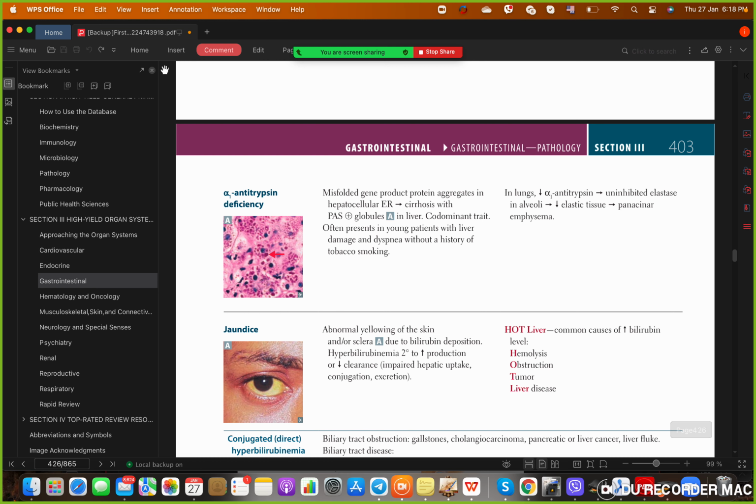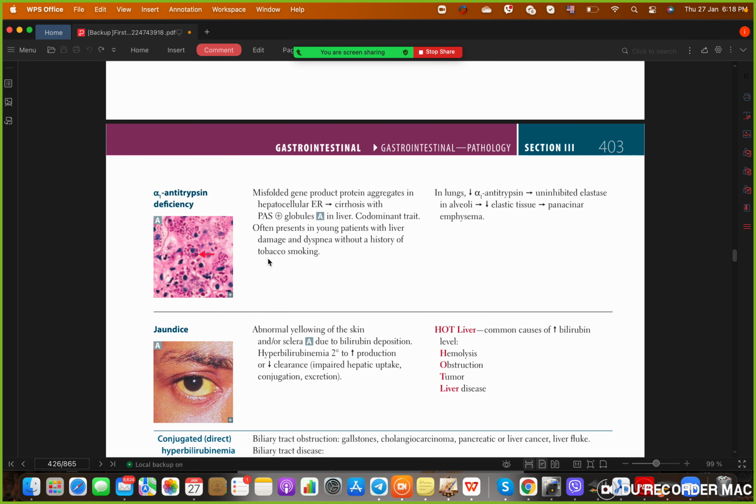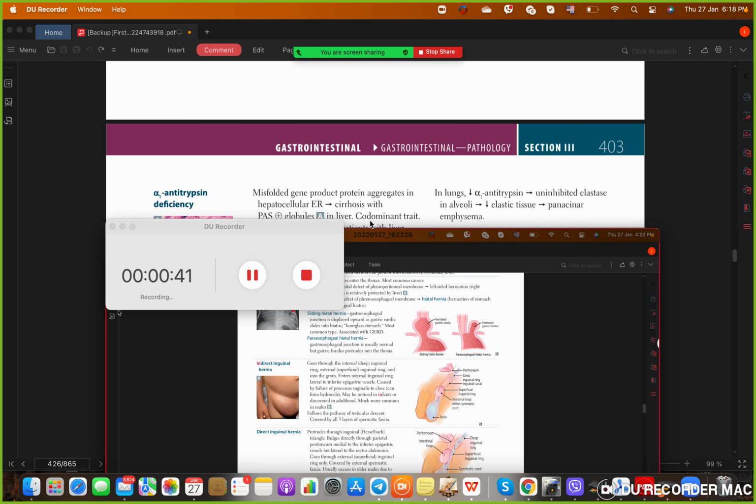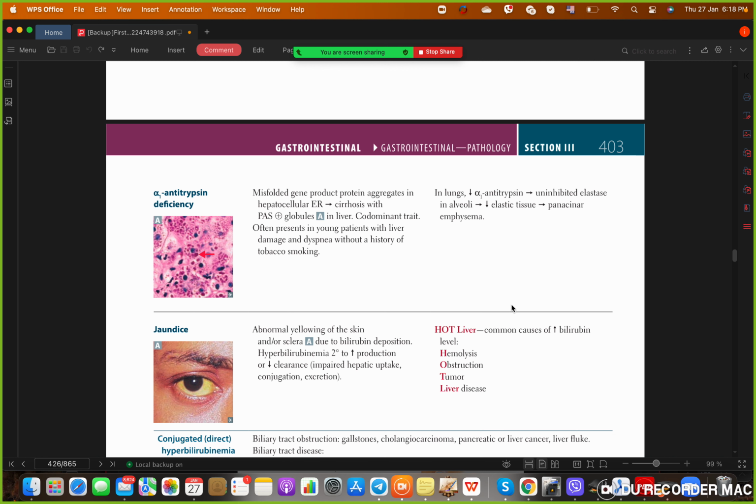Okay. So alpha-1 antitrypsin deficiency, this condition, we will see it twice. The first time is now, in GIT, and the next time we are going to see it in pulmonology. The idea of alpha-1 antitrypsin deficiency is that there is an enzyme produced inside of the liver.